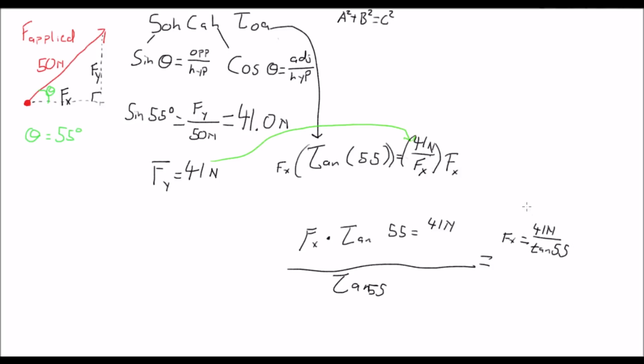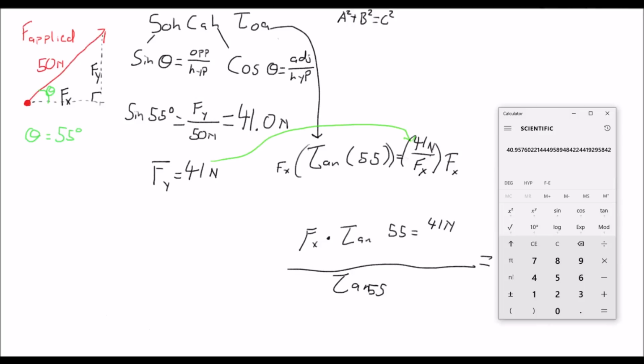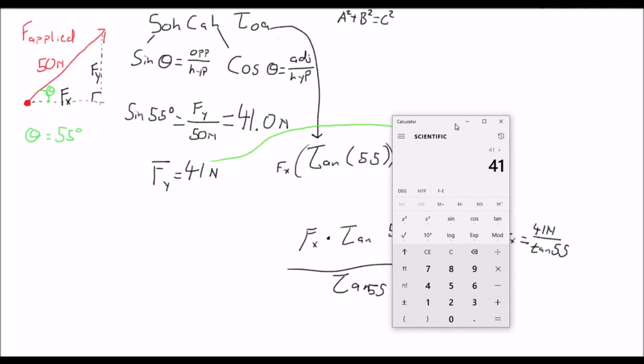So let's bring out the calculator again and clear this. So we take 41 divided by, now because I have to use the tangent here, I need to use some parentheses on a scientific calculator. So I'll start my parentheses, I'll hit 55, then I'll hit my tangent button. As you can see, it's right there.